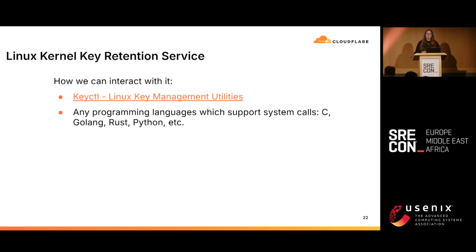So how can we upload, read, update, search for a key in the Linux kernel? We can do it manually through the console using the keyctl utility. Just type in the console keyctl and some command, depending on what we want to do with the key. Or we can use any programming language which supports system calls.